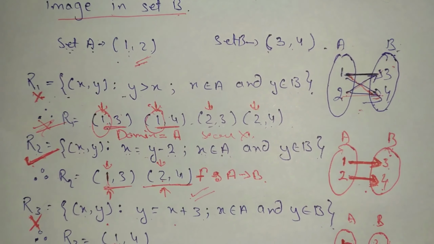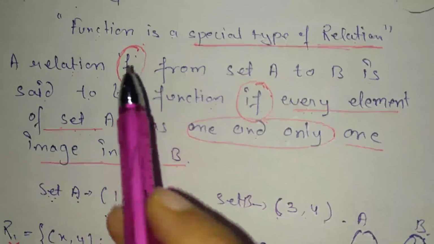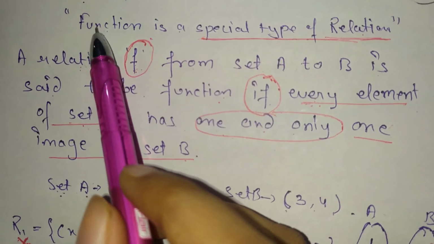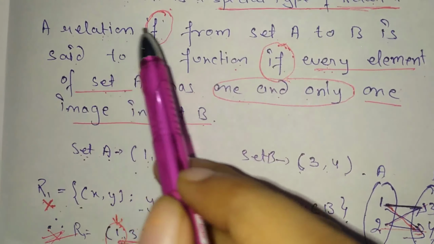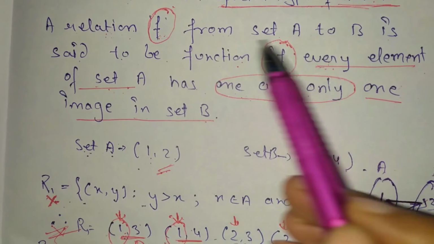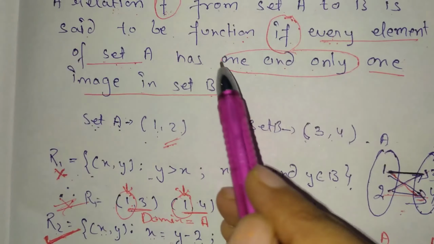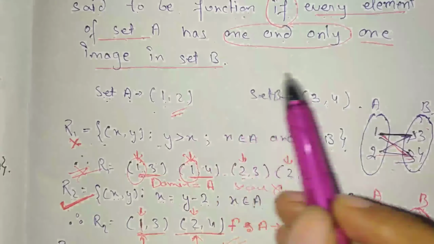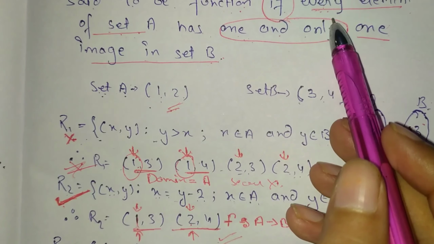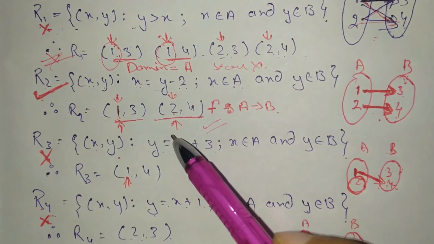Now let's summarize what we have learned. First of all, we have learned that a function is a special type of relation where a relation F from set A to set B is said to be a function if every element of set A has one and only one image in set B, and we have understood it with the help of the following relation.